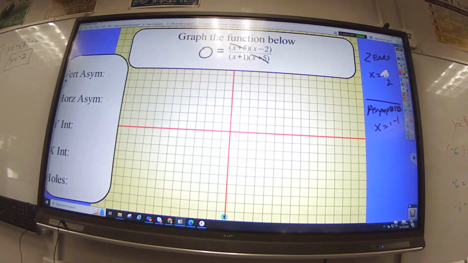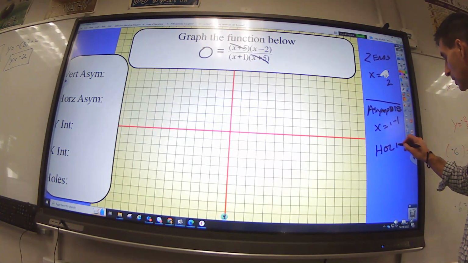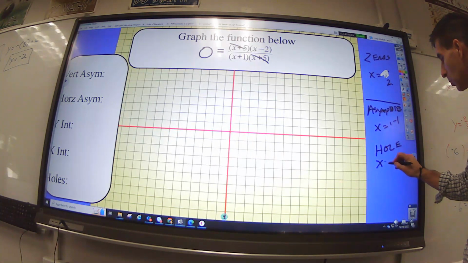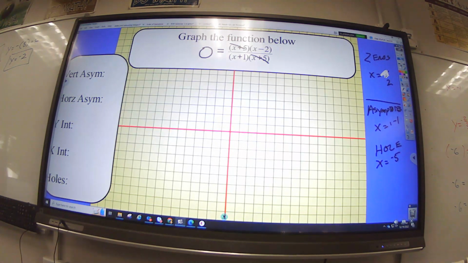It's a hole. You guys remember the holes? You remember what a hole looks like? So we'll say the hole is x equals -5. Are you guys with me there?